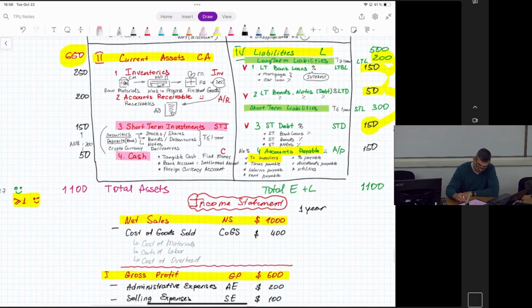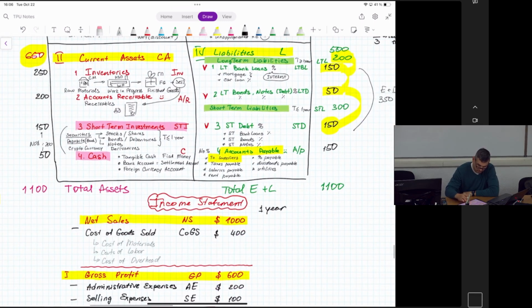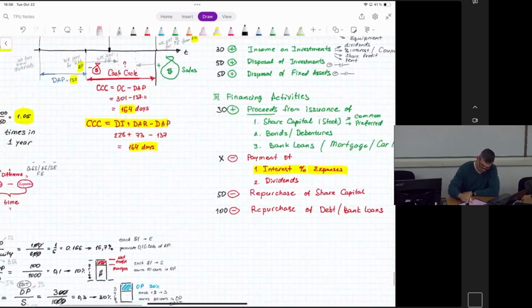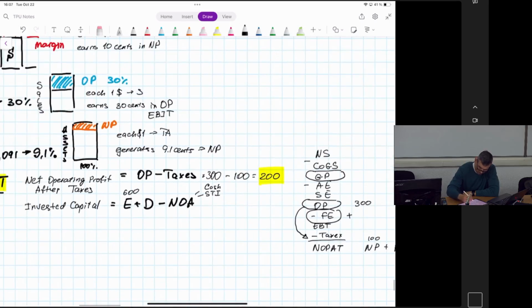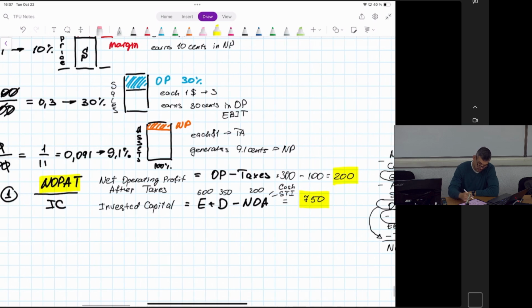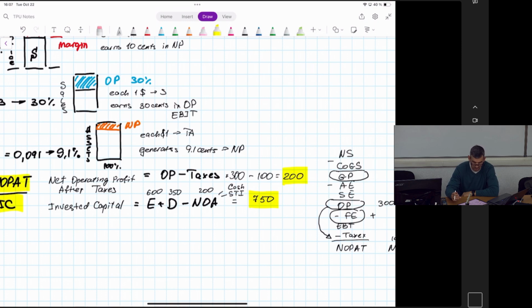So we put it here. This is 350, this is 200. That gives us how much? 750. I guess that's what we have, right? 600 plus 350, 950 minus 200, 750. Okay, so our invested capital is 750.